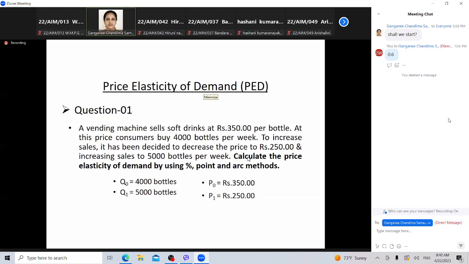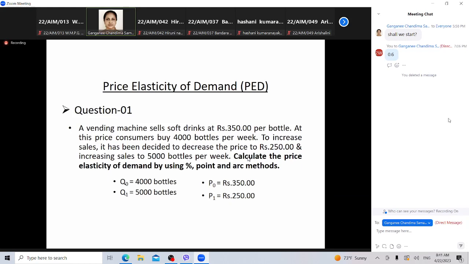If anybody can't understand yet, please write a message and I'll explain it again. Because afterwards you are doing income elasticity of demand, cross price elasticity of demand calculations, okay? Then it will be easy for you if you can understand this first calculation very carefully, okay?